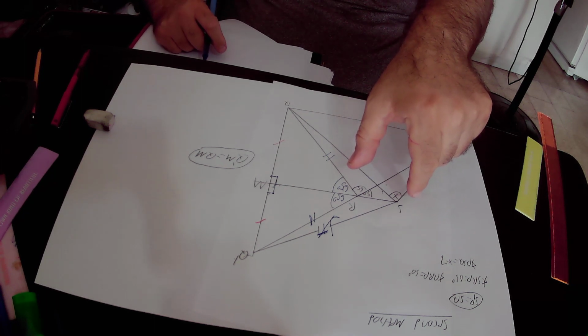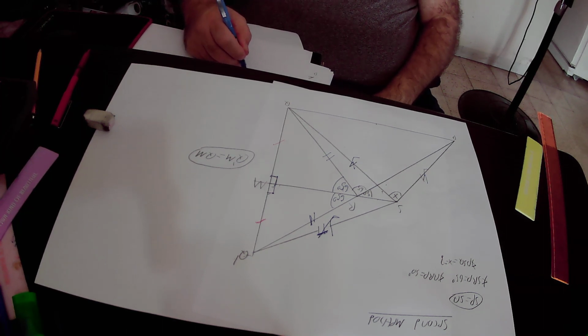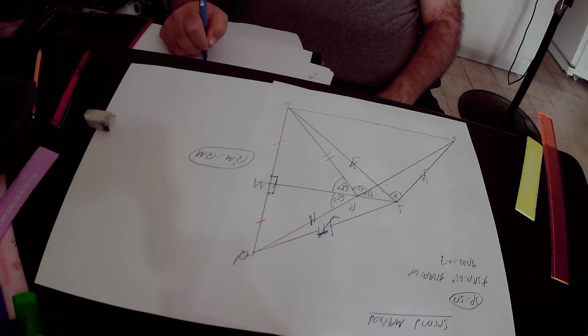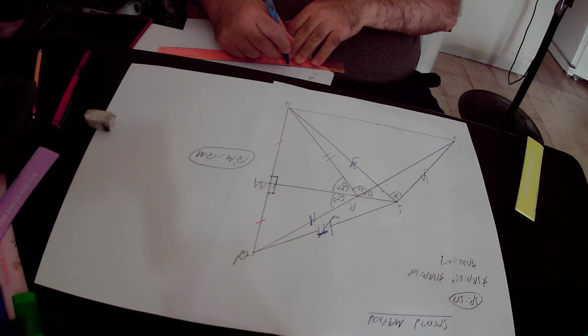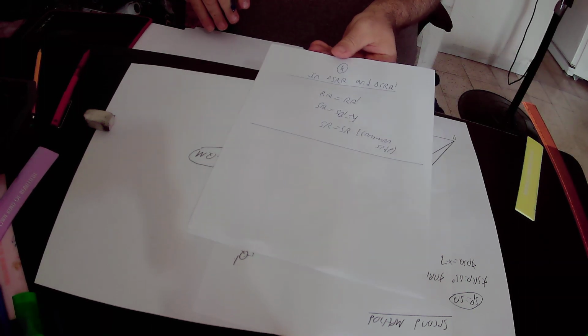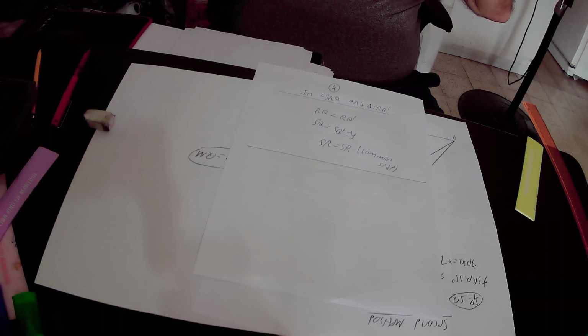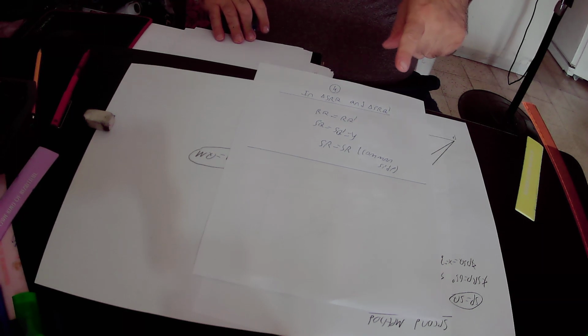SR is a common side, it belongs to both triangles, so SR equals SR. So we actually proved that the three sides of triangle SRQ are correspondingly equal to the three sides of triangle SRQ dash.